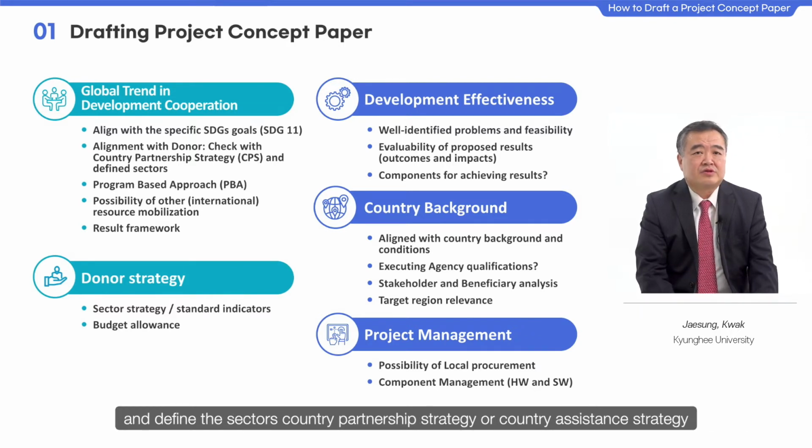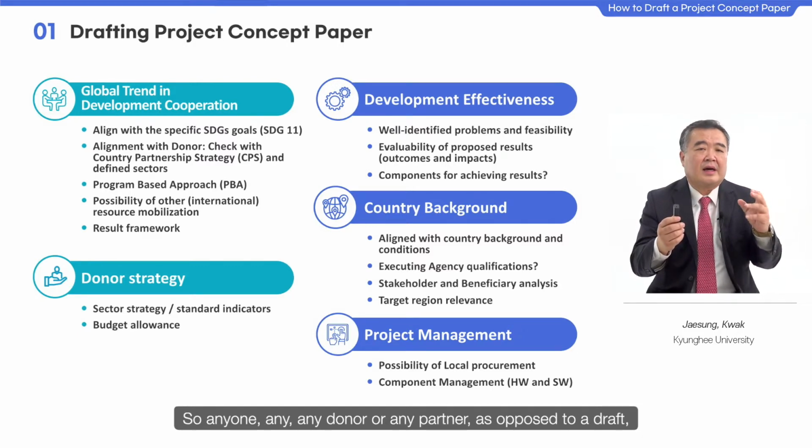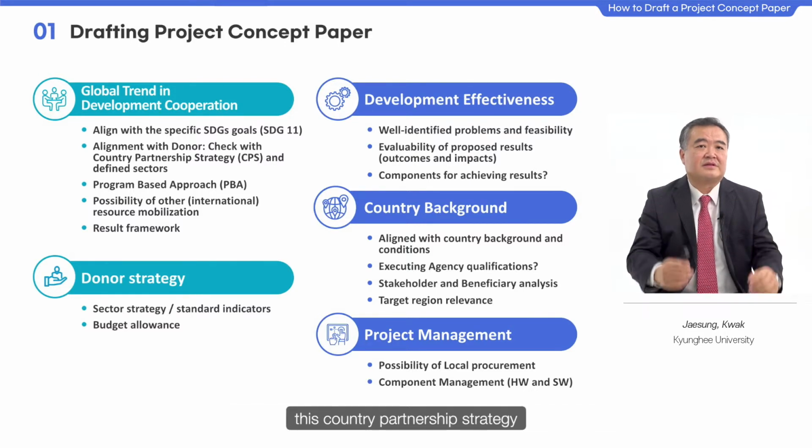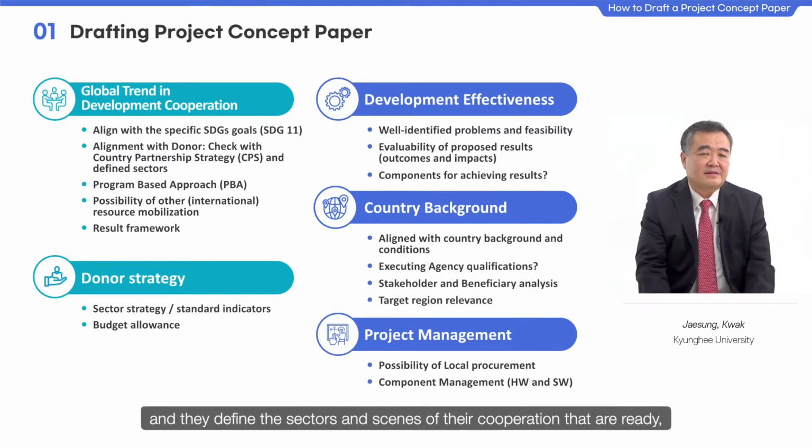Country partnership strategy or country assistance strategy is the mid-term cooperation paper between a donor and a partner. Any donor or partner is supposed to draft this, and they already define the sectors and themes of their cooperation.